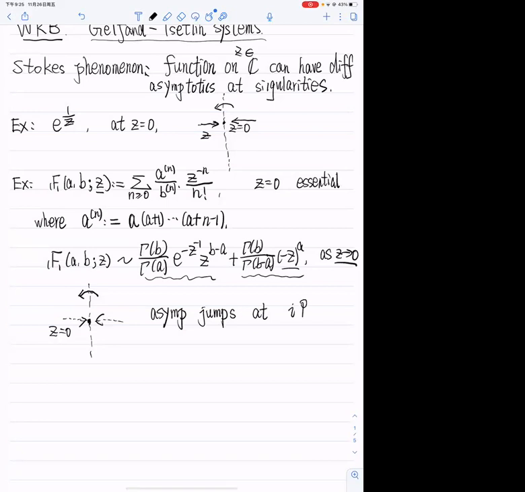So these are two examples of the Stokes phenomenon.